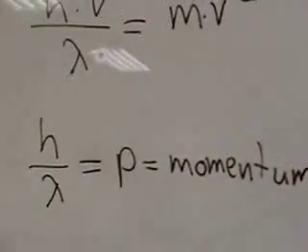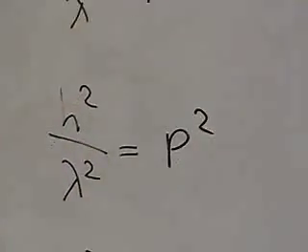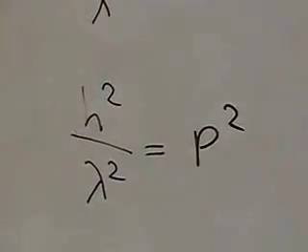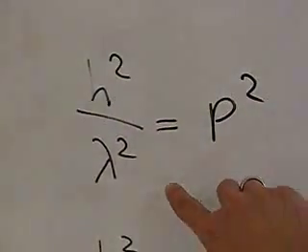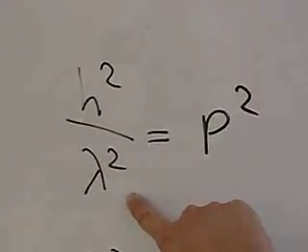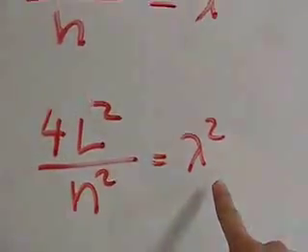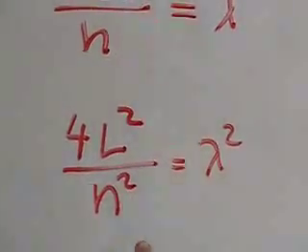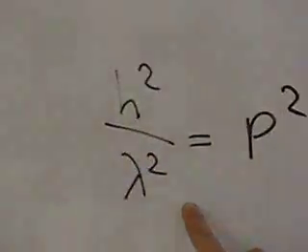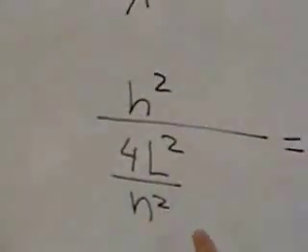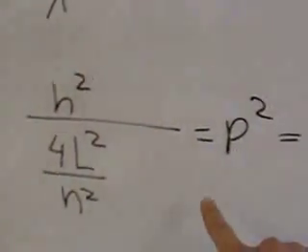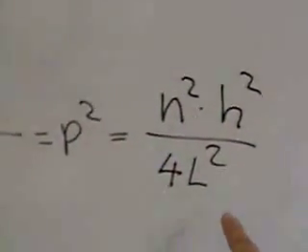Now I want momentum squared. So here I just square it, and then for the lambda squared, for this value right here, I'm going to substitute this value right here. Lambda squared equals 4L squared over n squared. So when I substitute it into the lambda here, we get this relationship, which can then be simplified to this.